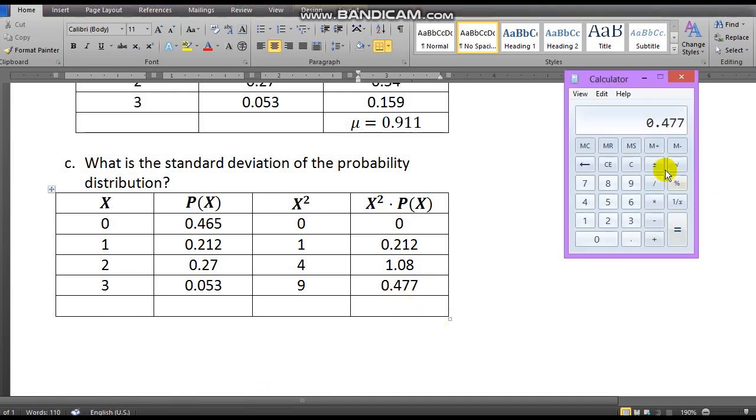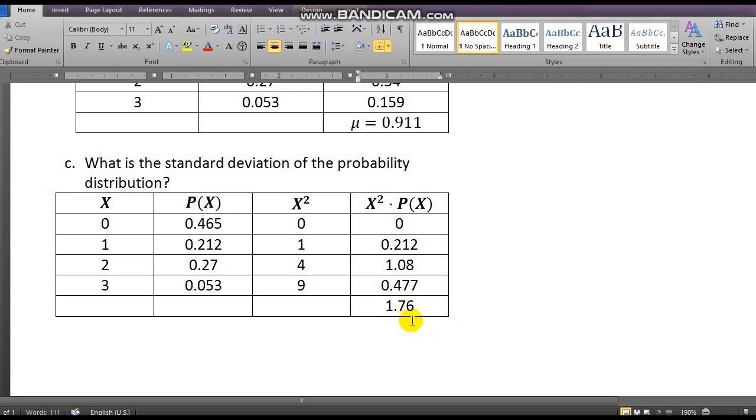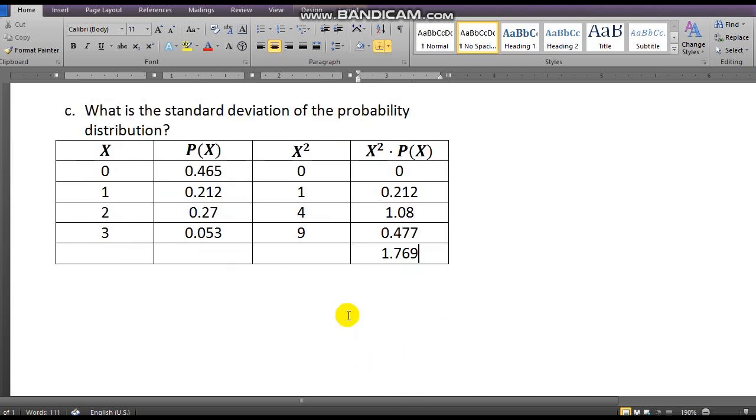Let's add them all up: 0 plus 0.212 plus 1.08 plus 0.477. That would be 1.769, the sum of x squared times p of x.